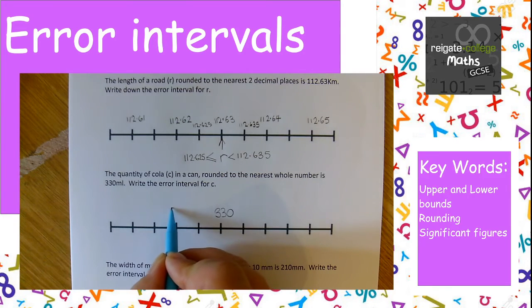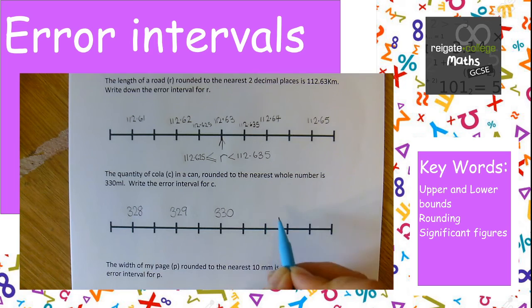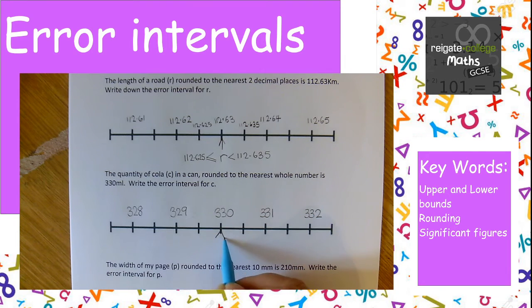So here is 329, 328. I'm counting in single units. 331, 332. I've rounded my number to here, so I'm looking for this crossover point here, 329.5.